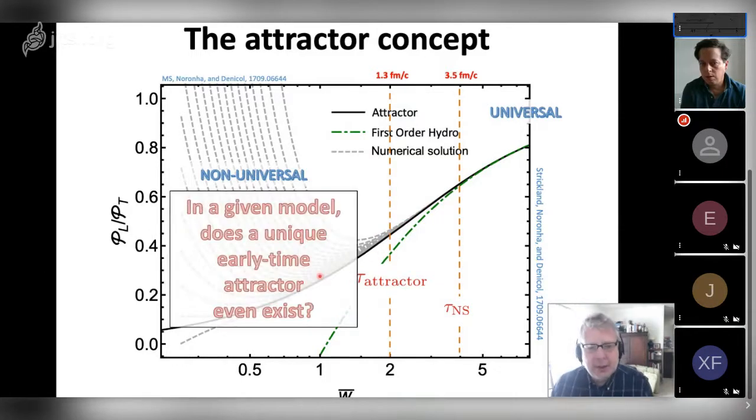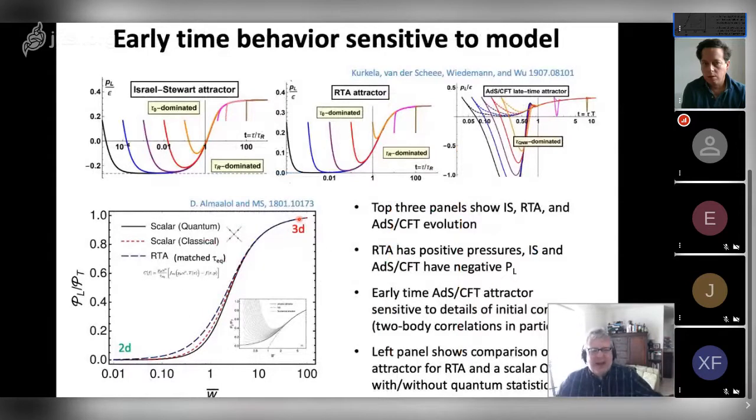Good. But before that, we have to ask, in each model, I just showed you RTA, does a unique early time attractor even exist, right? So this is a sort of mathematical question. And some people have now been looking at a variety of different models. These are some plots from a paper by Kurkela, van der Schee, Wiedemann and Wu.